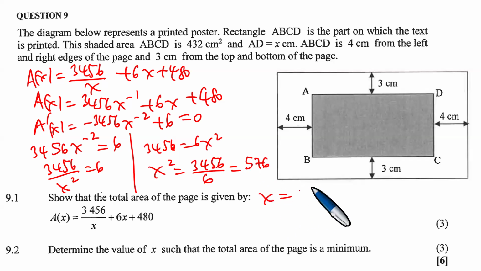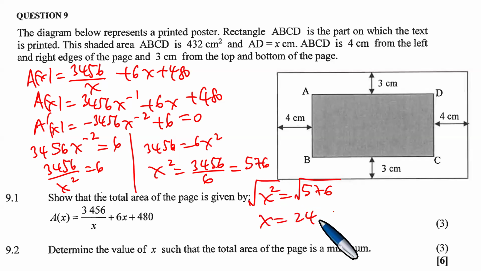And x therefore becomes, if you have x squared equals this, the square root, which is x equals 24 centimeters. So we determined the value of x such that the total area of the page is the minimum, and x is exactly 24 centimeters there. So we have solved this particular problem.